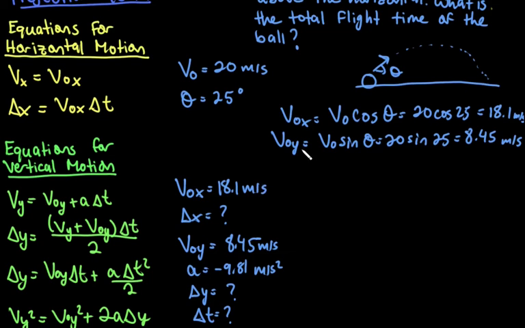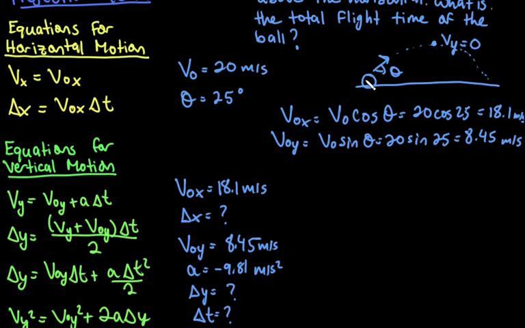So we know that when the ball reaches the top of its trajectory right here, it changes direction. Now, when it changes direction, we know that the velocity is equal to 0 up there, right?